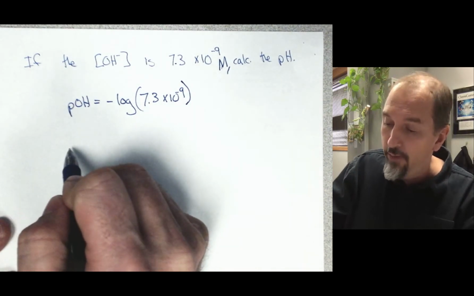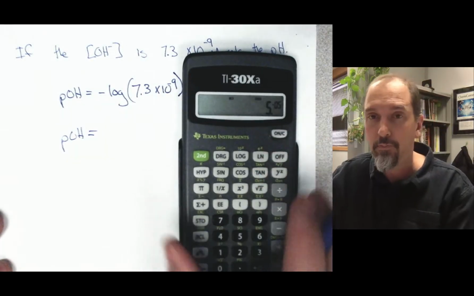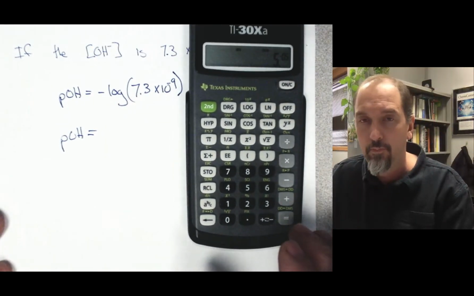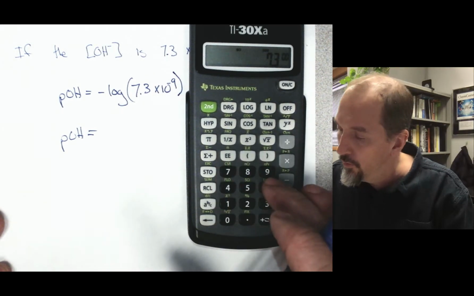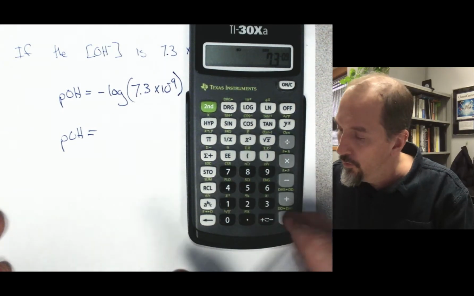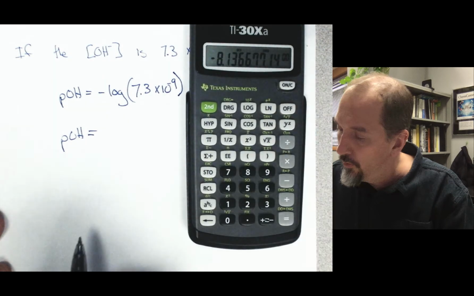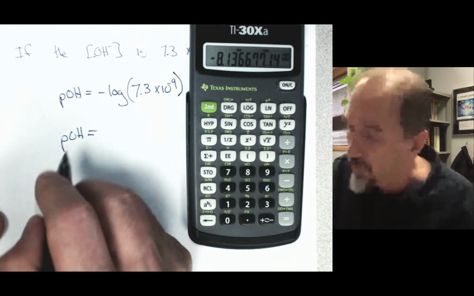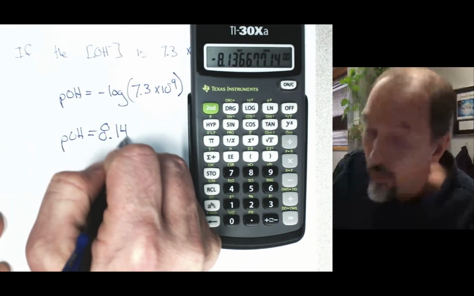So here we have pOH equal to the negative log of 7.3 times 10 to the minus 9th, and that minus and that minus cancel, so I'm left with the pOH of 8.14.